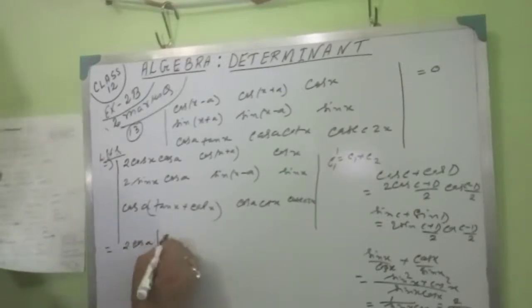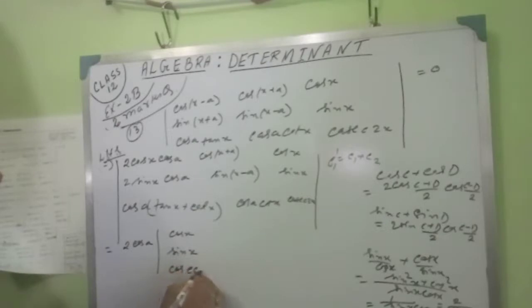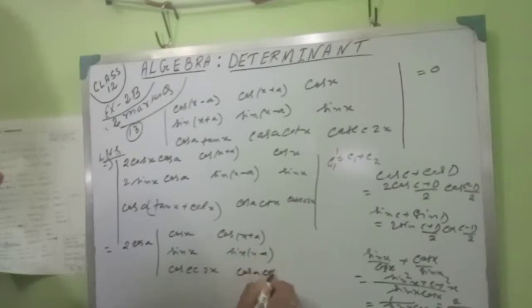Then what we will get here? We will get cos x, here sin x, and after the calculation we will get cosec 2x. The second column remains the same, so it is cos(x + a), sin(x − a), cos a cot x.